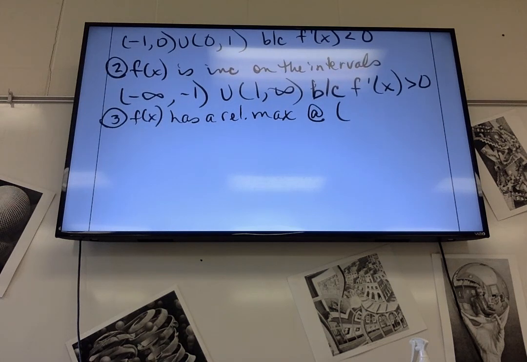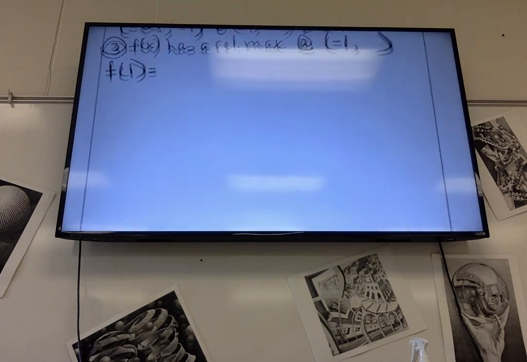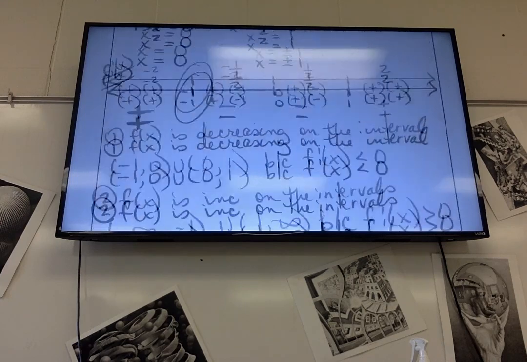Negative 1, and I'm supposed to list the coordinate. You're going to plug it in? Yeah, the first one, because I'm trying to find the actual maximum. So it's going to be negative 3 plus 5. Oh yeah, yours is different than mine. 3x to the 5th. How did you get 1?